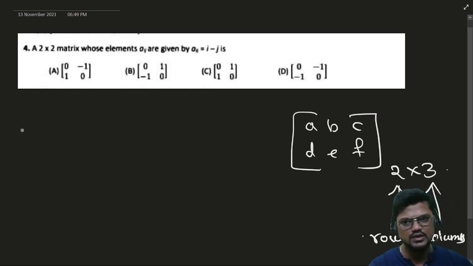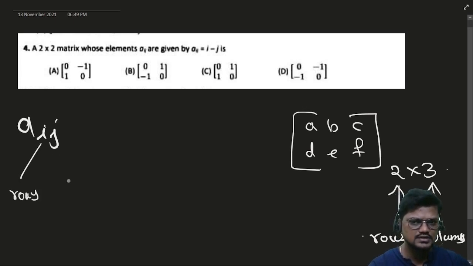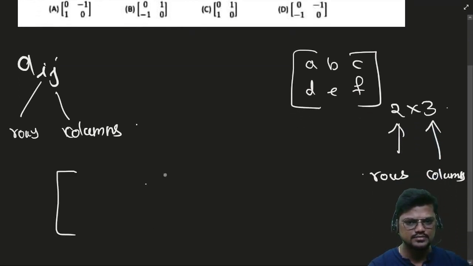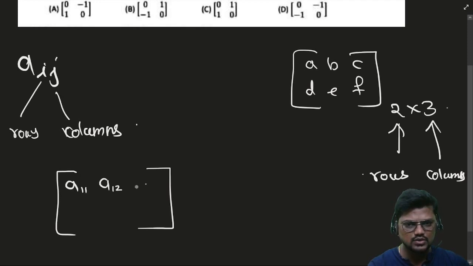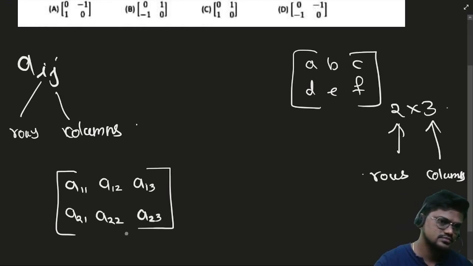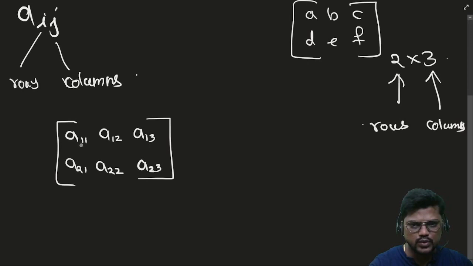Similarly for a of ij, this i stands for the number of rows and j stands for the number of columns. Now if I want to write these elements in the numbering format, how will I write? This will be a11, a12, a13, a21, a22 and a23. The first number stands for the row number and the second number stands for the column number.